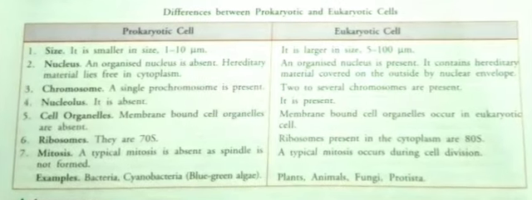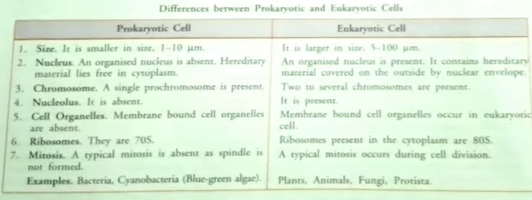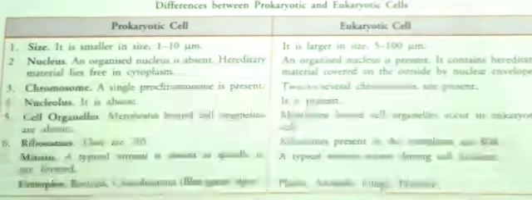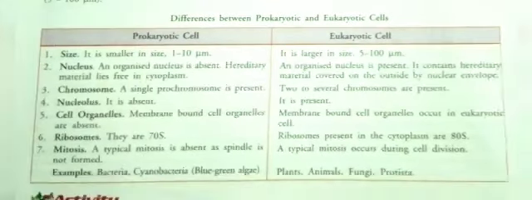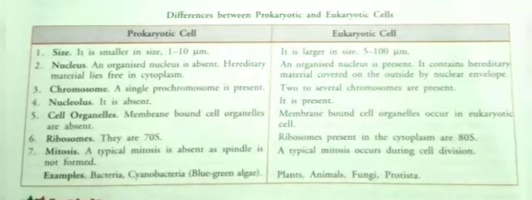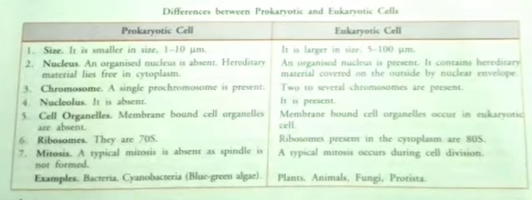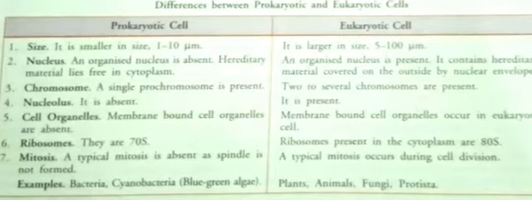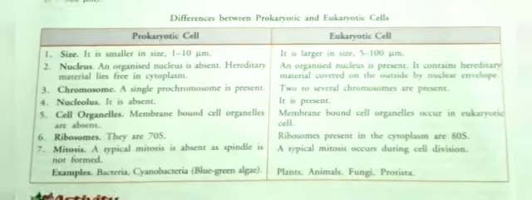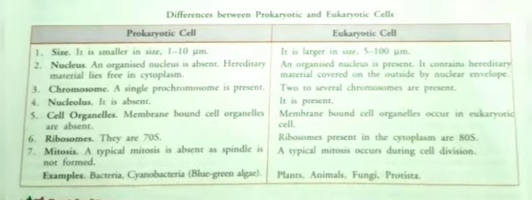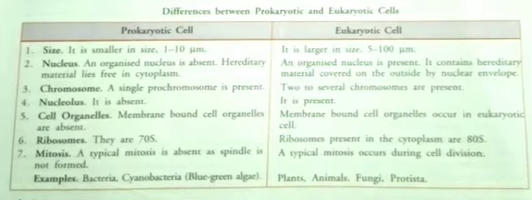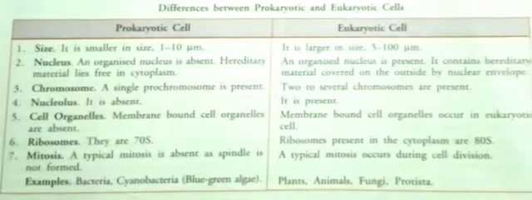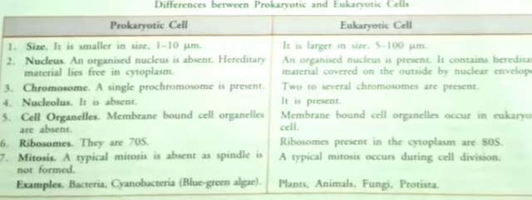Nucleolus is absent in prokaryotic cells but present in eukaryotic cells. Membrane-bound cell organelles are absent in prokaryotic cells but present in eukaryotic cells. Ribosomes are 70S in prokaryotic cells, but in eukaryotic cells, ribosomes present in the cytoplasm are 80S. Right?